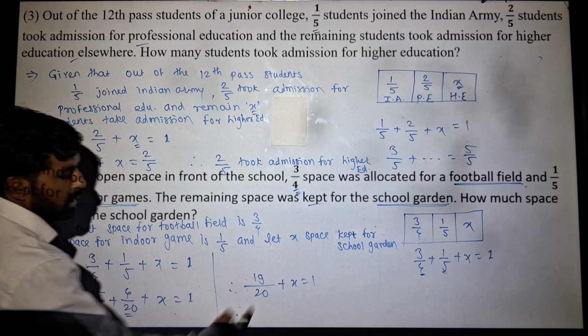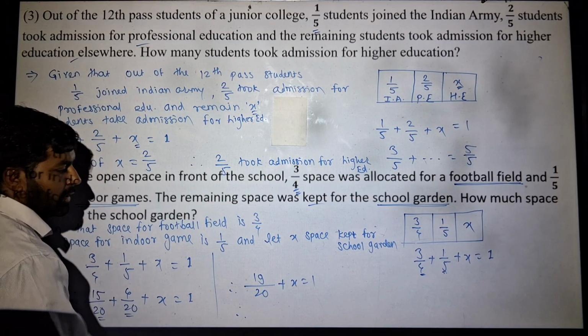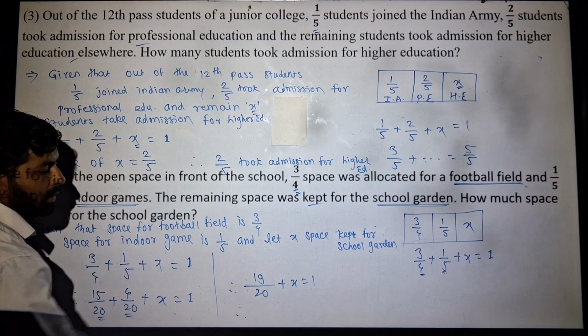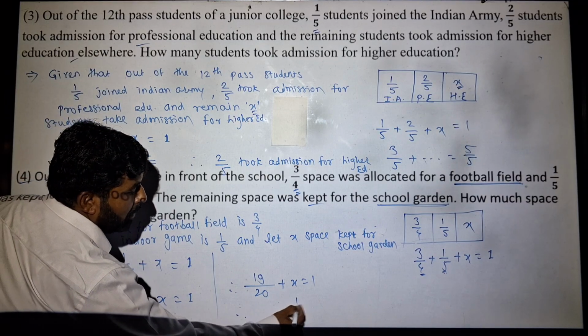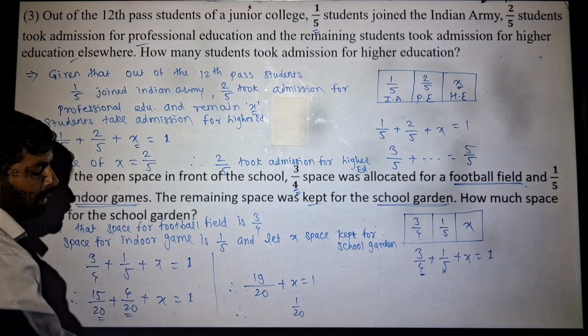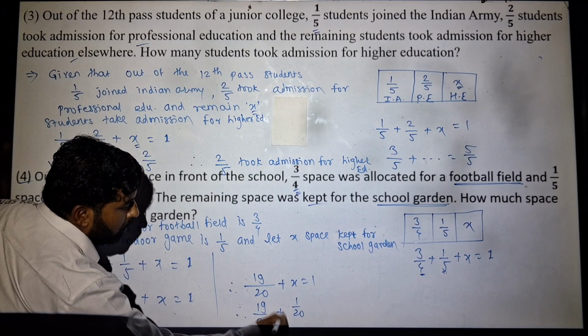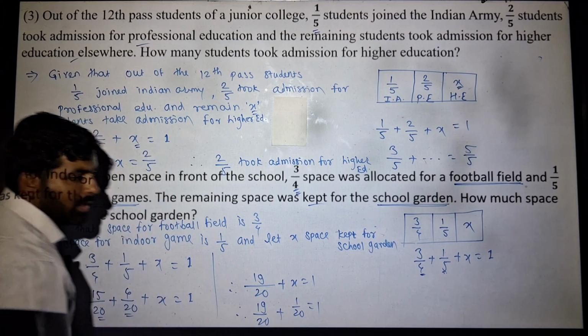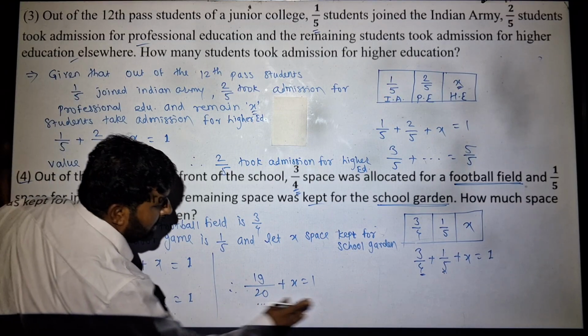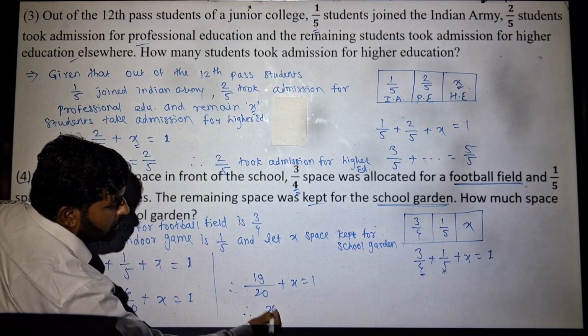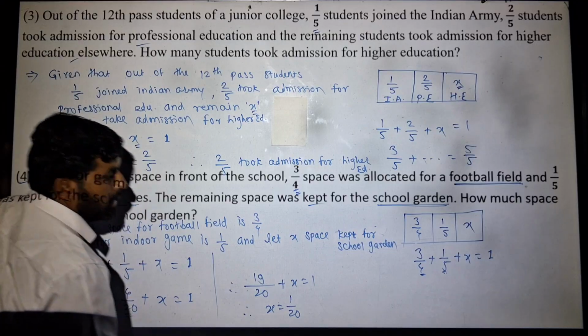Here which number should be added to x such that we get the answer 1? Yes, x becomes 1 by 20. 19 by 20 plus 1 by 20 is equal to 1. Therefore, the value of x is equal to 1 by 20.